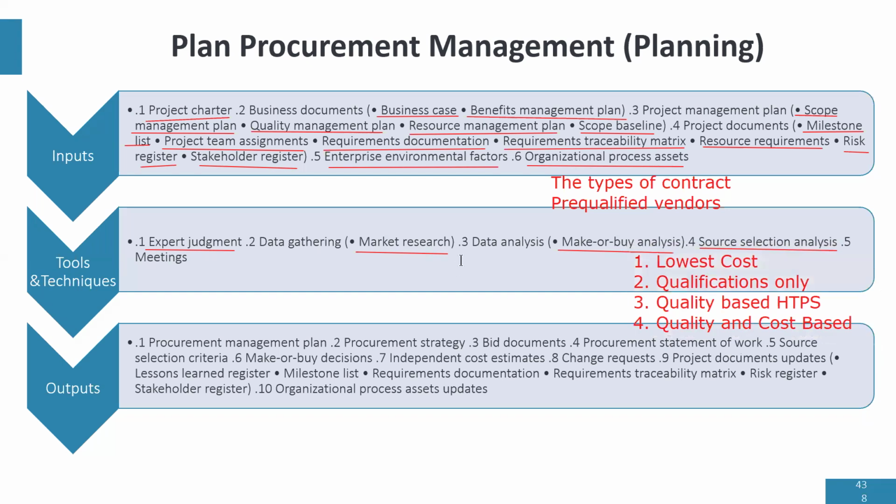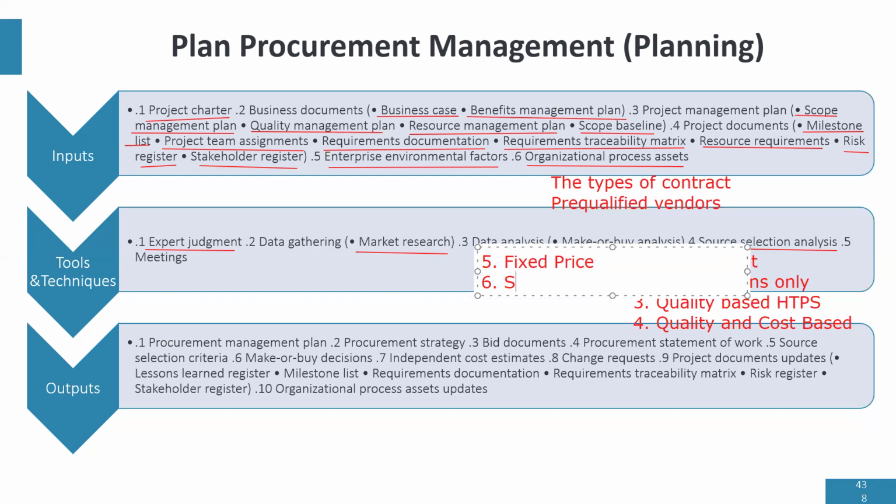Then number 5, we have what we call fixed price contracts. Fixed price contract means that you're going to fix the price and nobody can negotiate it.